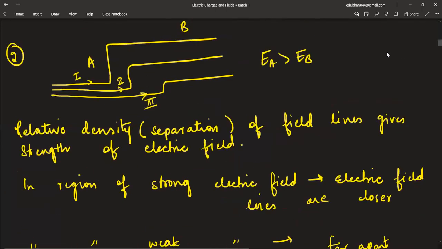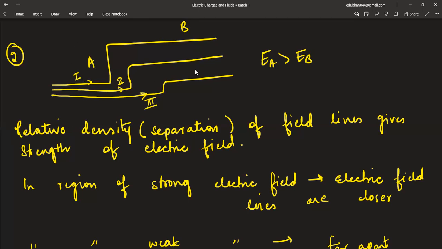Then the second point says that wherever electric field lines are located closer to each other, and there are places where they are located far away from each other. This closeness tells you that the electric field is very strong in this region.